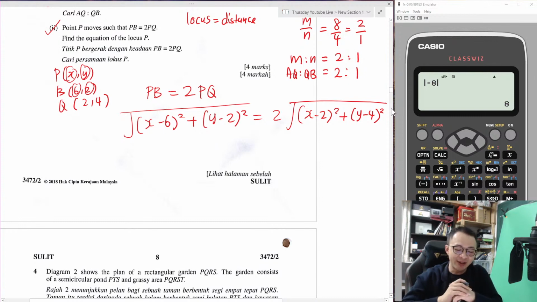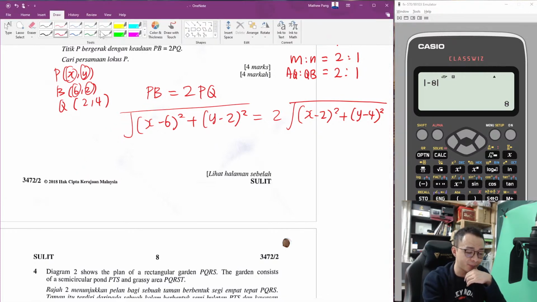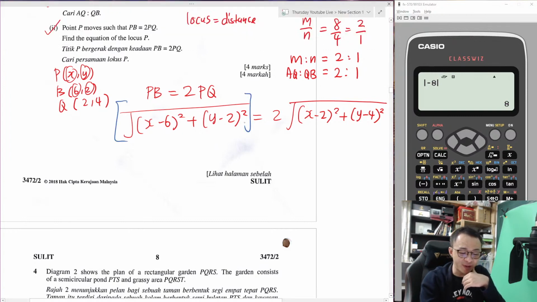Alright, okay, here is a very important step, which is do not straight away cancel the square root like this because you have the 2 beside it. So therefore what I would recommend my students to do is we will square both sides. On my left hand side, square and square root can cancel out, no problem.